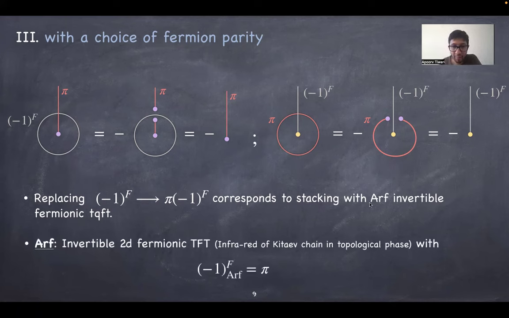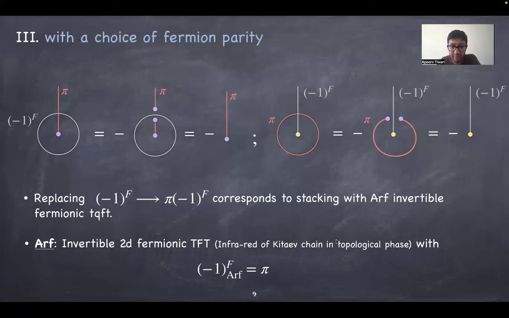Since the Arf theory will play an important role, let me quickly describe what this is. This Arf theory is an invertible 2D theory. From a condensed matter perspective, it describes the infrared physics of the Kitaev chain in the topological phase. Essentially, the defining property of the Arf theory is that in the fermion parity twisted sector, or R sector, you have a fermion odd operator.